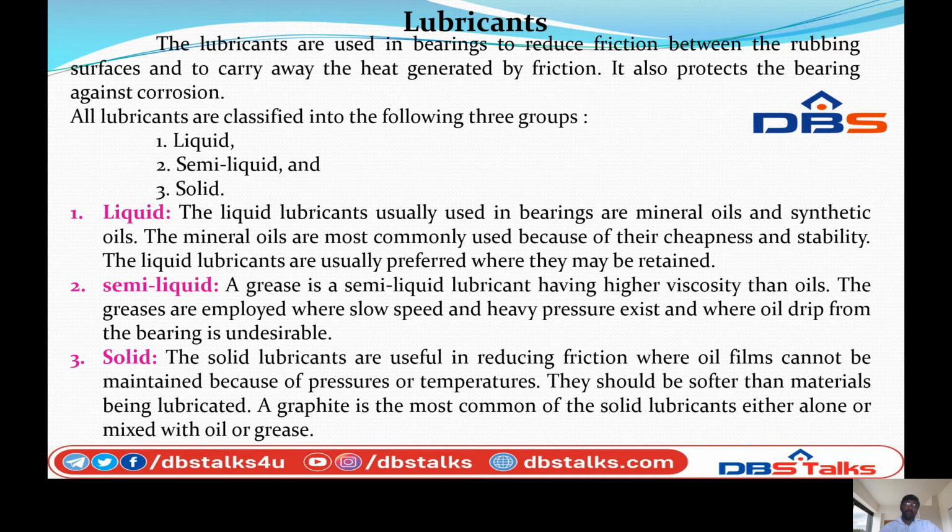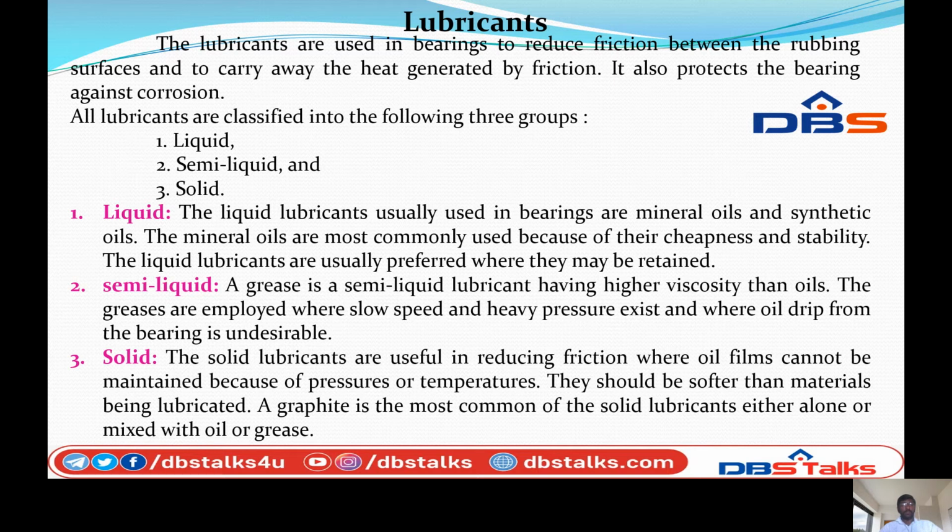Coming to the semi-liquid lubricants, a grease is a semi-liquid lubricant having higher viscosity than oils. Greases are employed where slow speed and heavy pressure exist and where oil dripping from the bearing is undesirable.